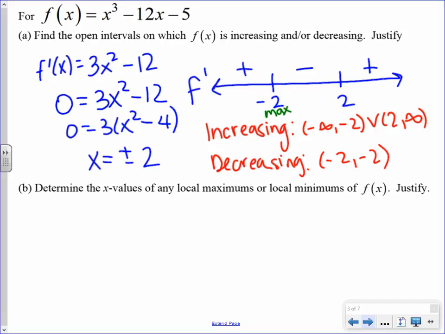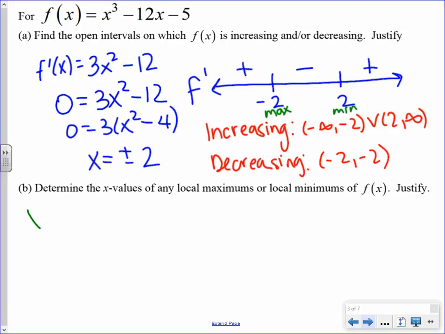I'm just going to make a little note to myself. At 2, the derivative changes from negative to positive. What's happening at 2? There is a minimum. So here, in part B, I asked to determine just the x values of local maximums and local minimums and justify.